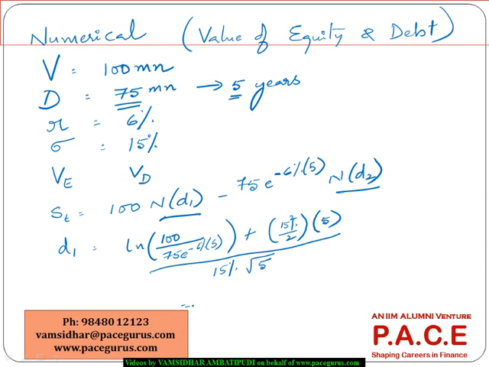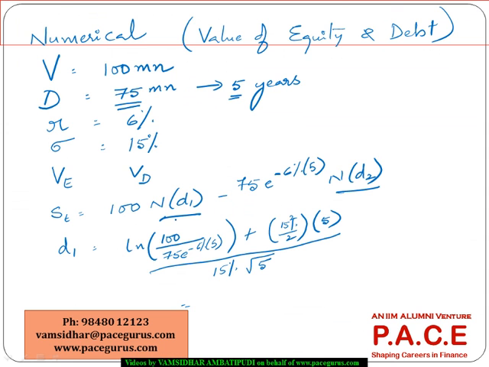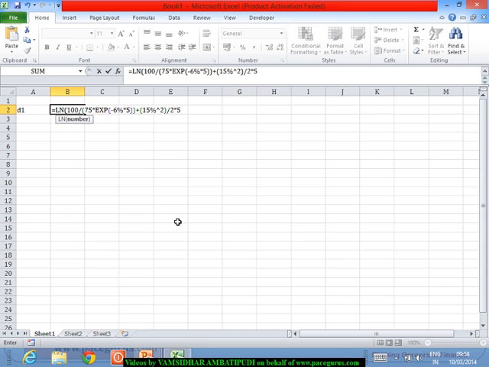This is the log part of it, plus 15% squared sigma squared by 2 into t, which is 5. Sigma squared by 2 into t. This entire thing I am trying to divide by the sigma root t.